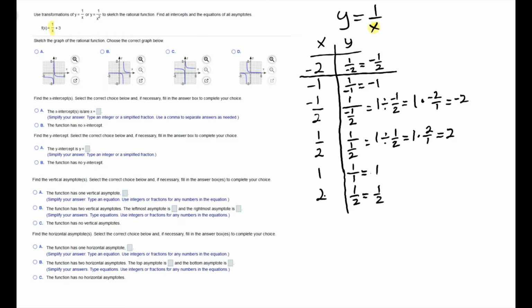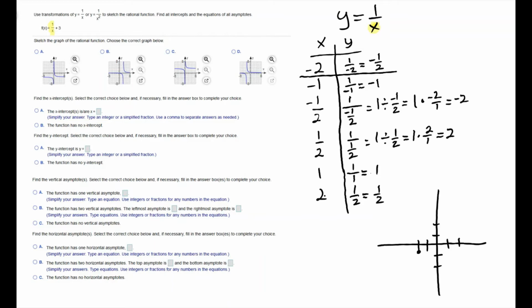So now I have some points that I can plot to get an idea of what the picture is going to look like. My first ordered pair is -2 and -1/2. -2 and -1/2 would be about right here.